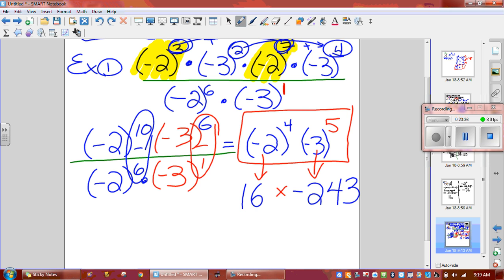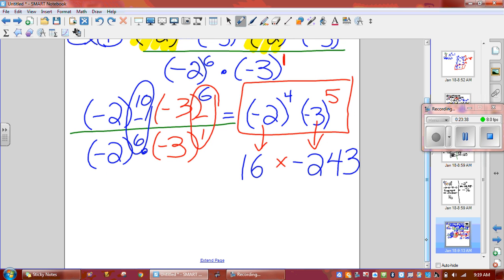How many negative signs do you see? 1. So is our answer positive or negative? Negative, good. So we're going to have negative 3,888 or 3,880? 3,888. Like that? Yes. Beautiful, that's a cool number.